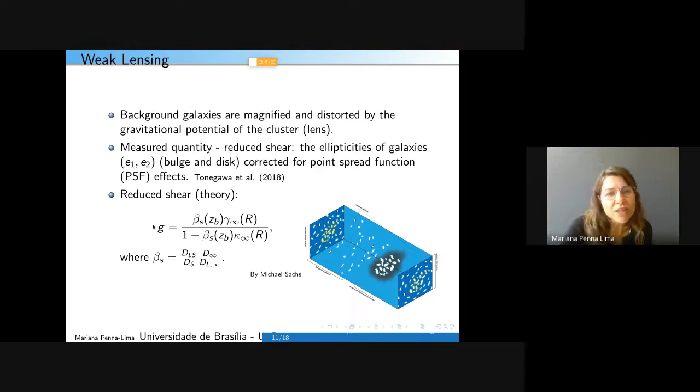So here I put the equation for the reduced shear, because usually this is a quantity that we use to obtain the cluster mass estimate, where beta, gamma, and kappa I'm going to describe. Beta is the ratio between the angular diameter distances between lens and source, and between observer and source, and so on.